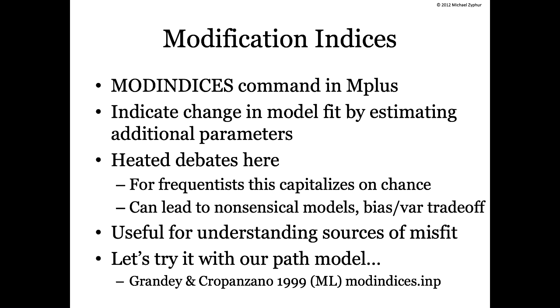So these can be useful, especially in the very beginning, like in a multi-stage process of fitting models to different sets of data. In the very beginning, you might want to work more inductively, or split your sample in half and estimate a model on one half of the sample, right? And then look at the modification indices and use any that you think are reasonable, and then whatever that final model is, apply it to the other half of the data and see if it works well there.